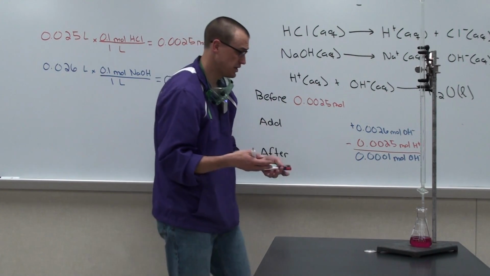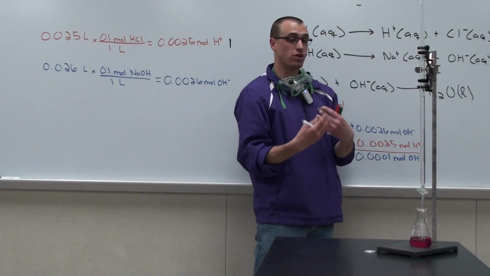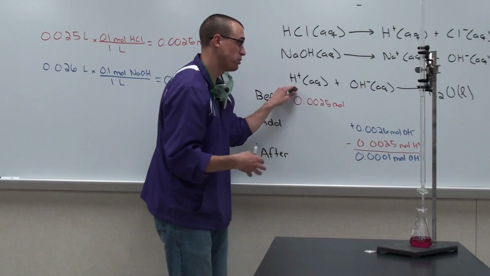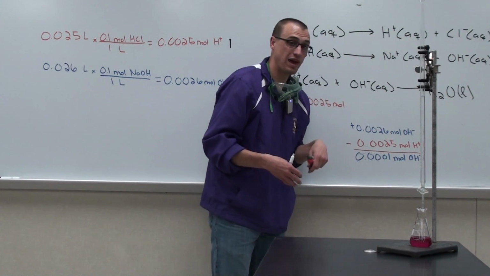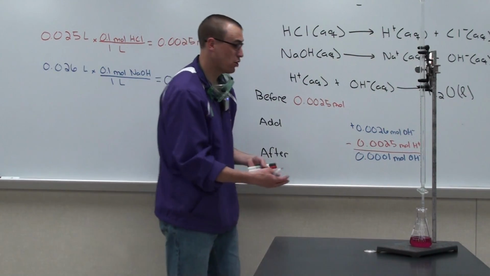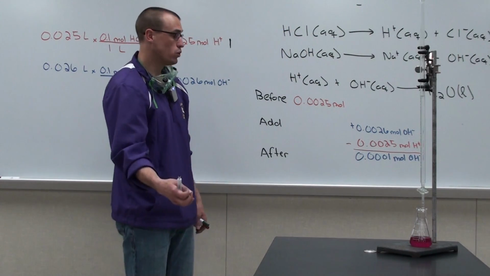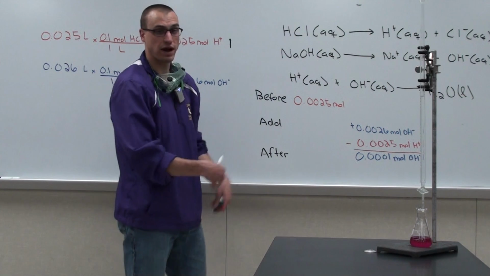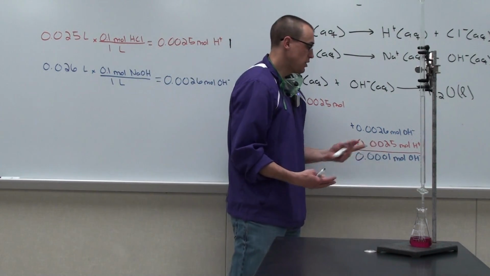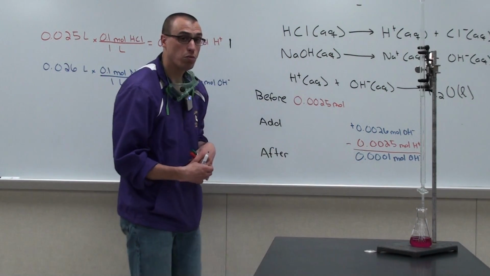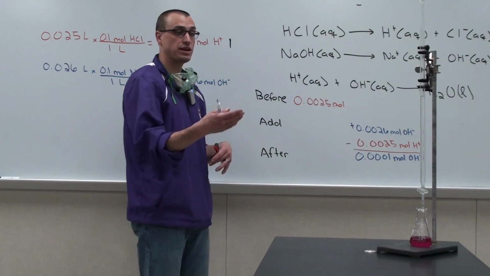Remember, all of the H plus has reacted with that OH minus, and we still have leftover OH minus. So we end up with 0.0001 moles of OH minus. Now to find the pH, we need to find the total molarity of OH minus.